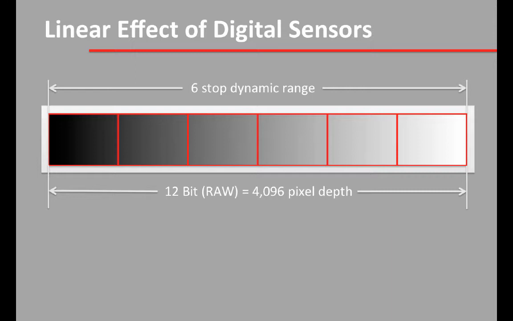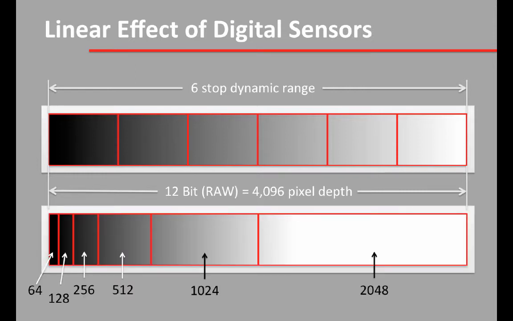But let's look at the stop values in our dynamic range. We have our shadow and our highlight either side, and we have grey values in between. What I'm trying to get across here is that distribution of pixels. We now have 4,096 different tonal values. Because of the linear nature of digital sensors, these 4,096 variations of grey are not spread across the dynamic range evenly.